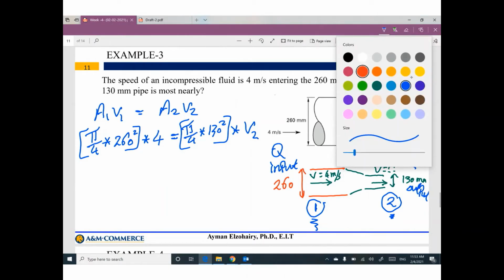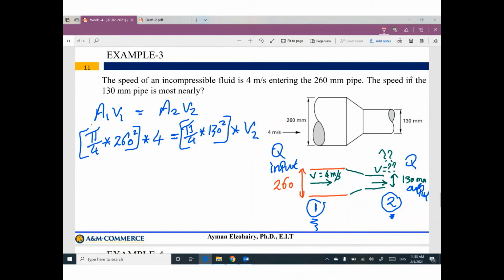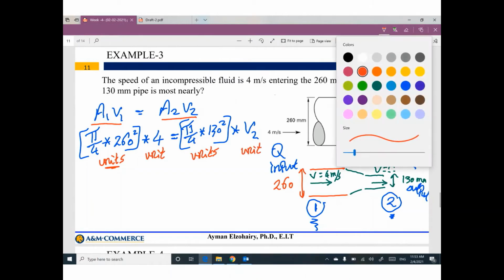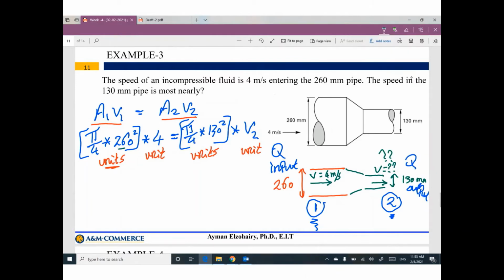Please keep in mind, if you are saying this term equals this term, the units for area must be the same on both sides. One of you will say, hey, this one is in millimeter, so this area will be in millimeter squared, and this velocity is in meters per second.